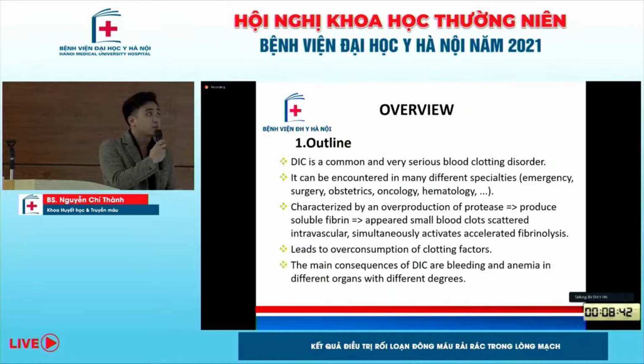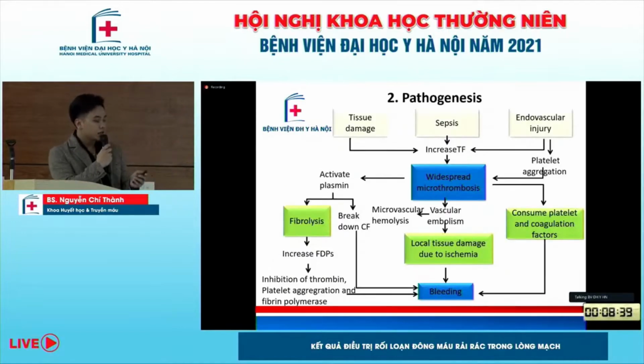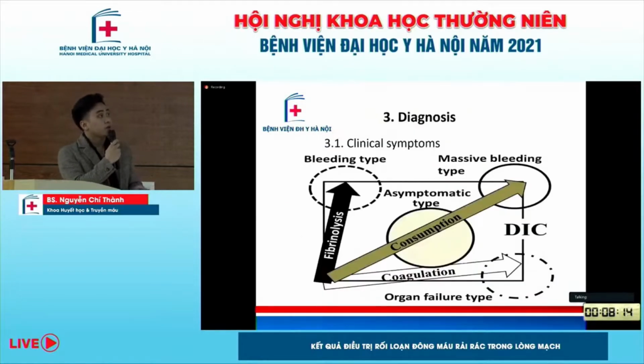In the pathogenesis, DIC can be caused by tissue damage, sepsis, or endovascular injury, and it can increase tissue factor and lead to widespread microthrombosis. The final consequence is bleeding or thrombosis in the intravascular space, so it depends on the balance between fibrinolysis and coagulation.